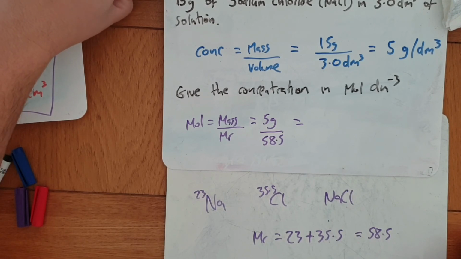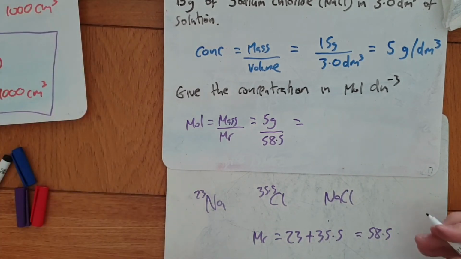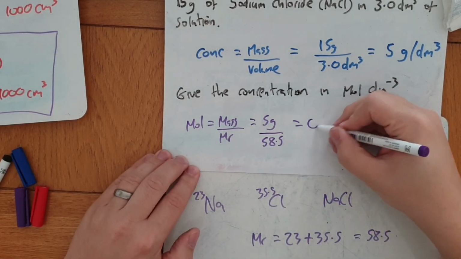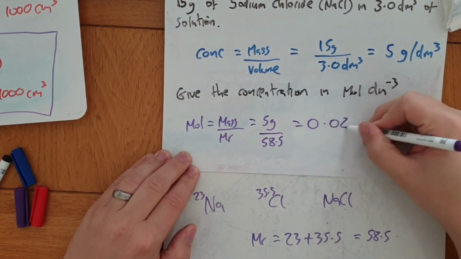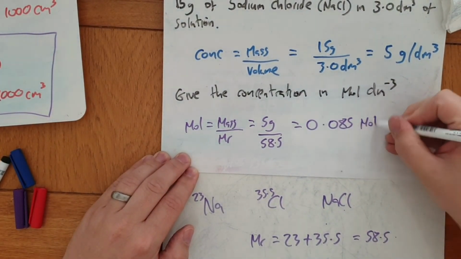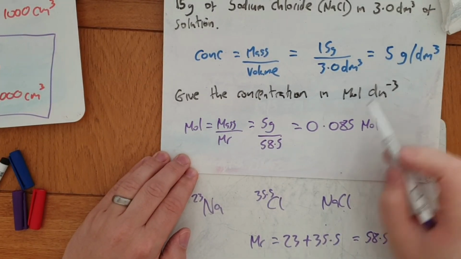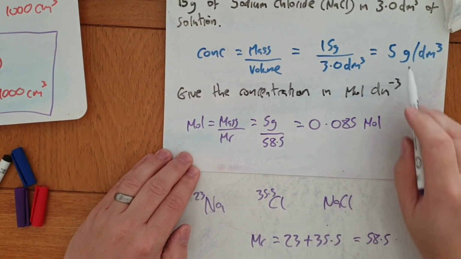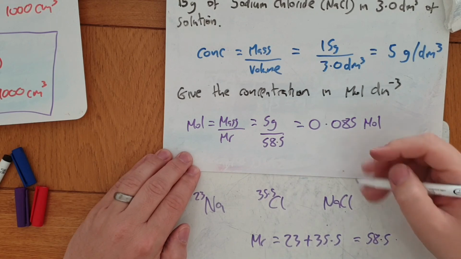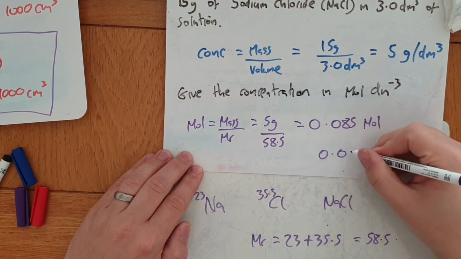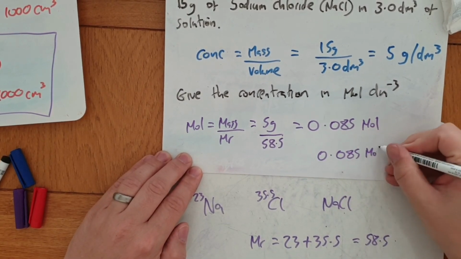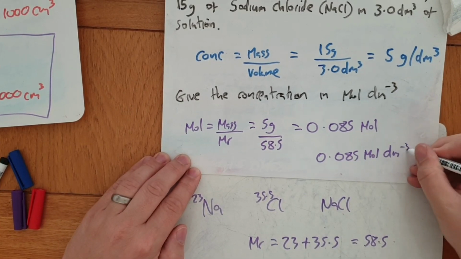And that was, where did I do it? 0.085 moles. So if we know 5 grams is the same as that many moles, then 5 grams per decimeter cubed is the same as 0.085 moles per decimeter cubed.